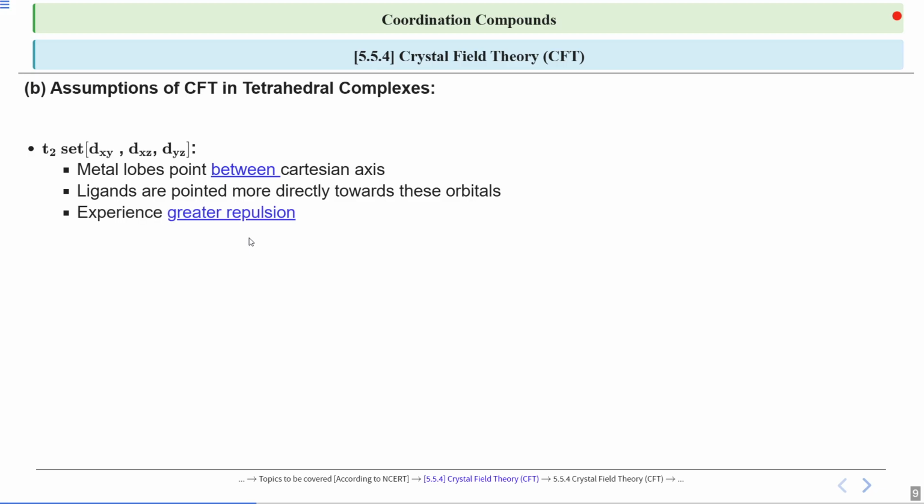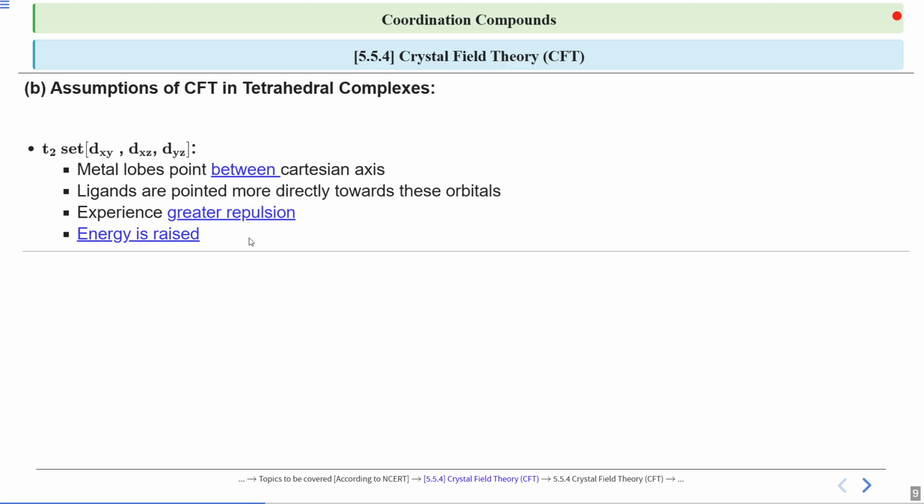Due to which the T2 set orbitals will experience greater repulsion between the d orbital electrons and the ligand electrons, because they are pointing towards each other in a similar direction. Comparatively from the E set the repulsion is more, and due to this more repulsion of electron on electron, energy is raised.